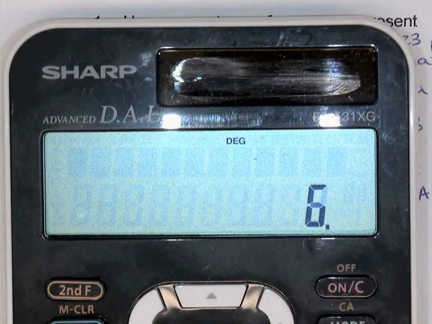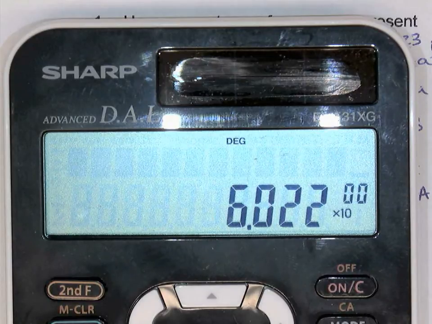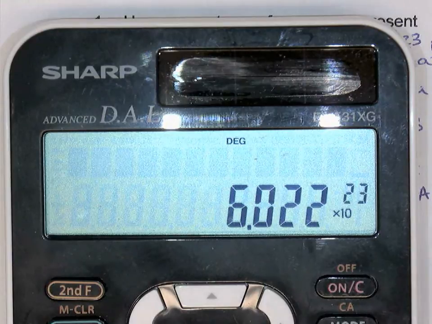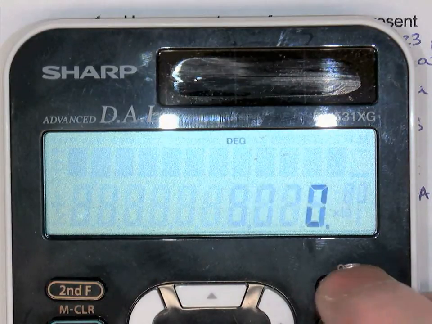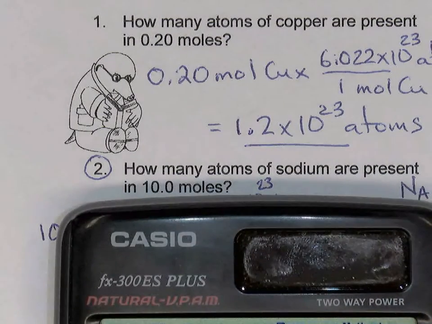So I'm going to go 6.022, and then when I press that EXP button, the calculator adds times 10 to the power of, and then I just type 23. So 6.022, press the EXP button and say to yourself times 10 to the power of, and then 23.